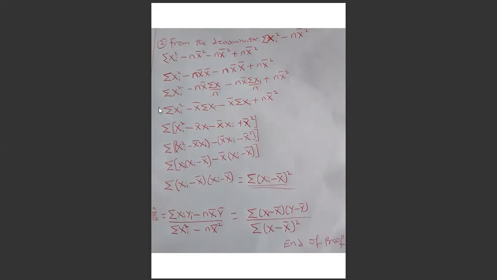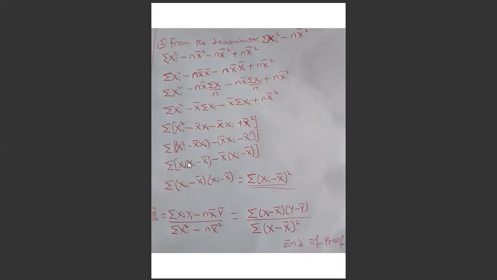So this expression is equivalent to this expression. The next step is grouping. We group the components in this bracket into two. The first group is x squared minus x bar x, and the second group is minus x bar x plus x bar squared.